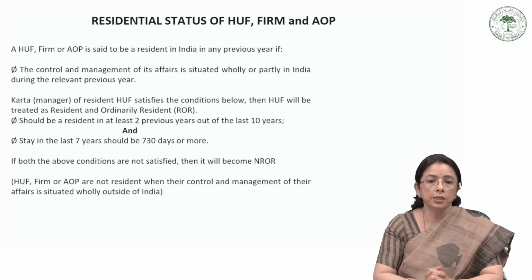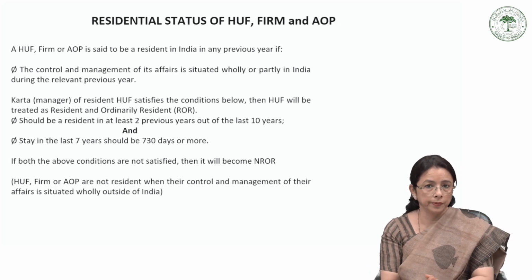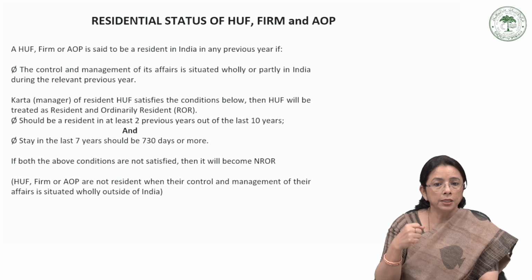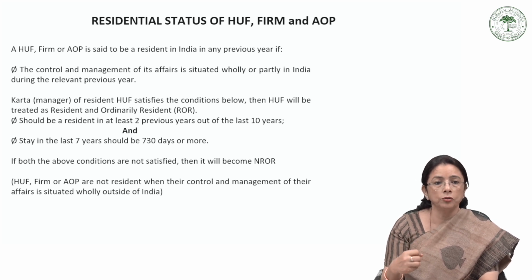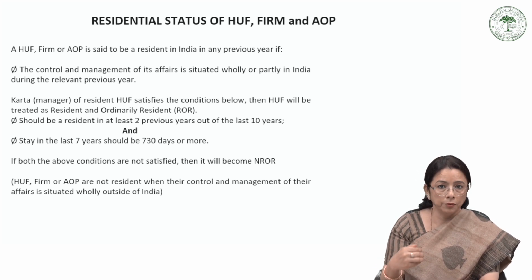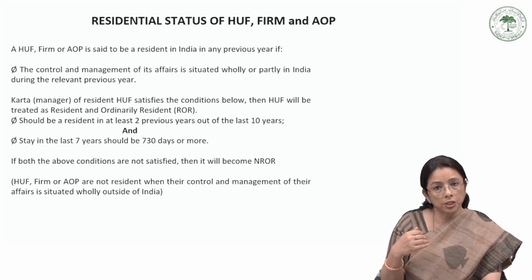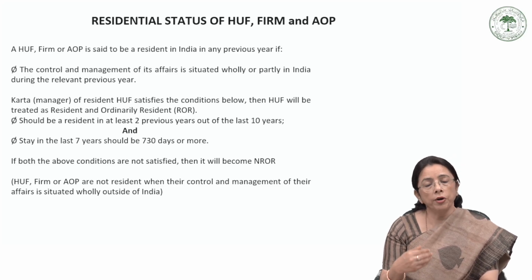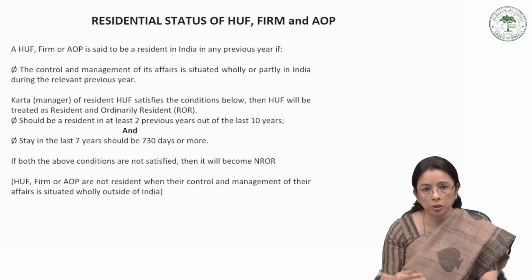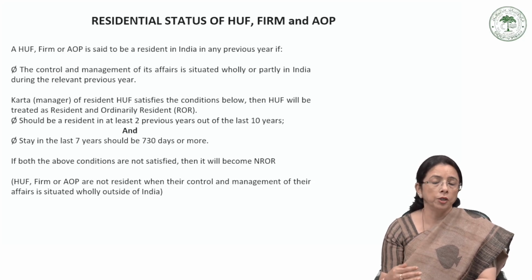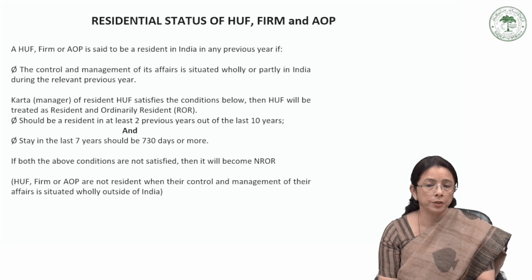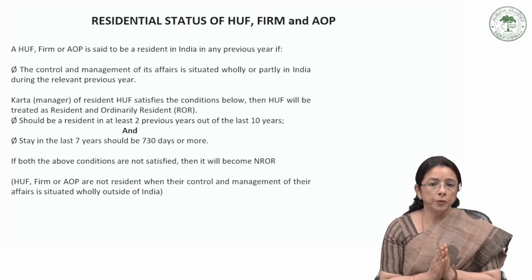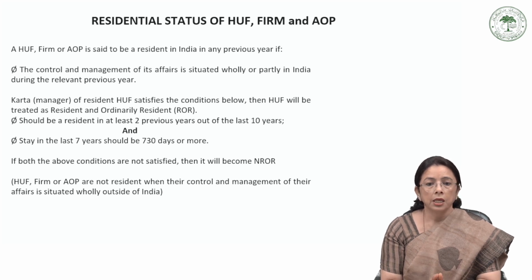Now we come to discuss how to decide the residential status of a Hindu undivided family or any business firm, a partnership firm or a sole proprietor firm, and AOP. AOP is an association of persons, that is, when a few or more people come together to start or run some business.